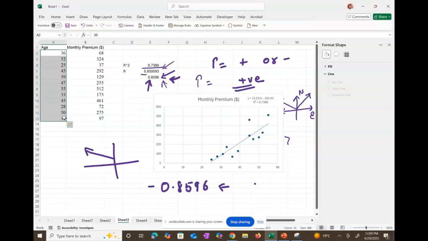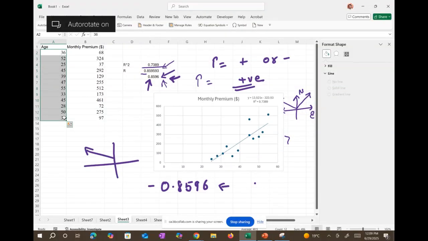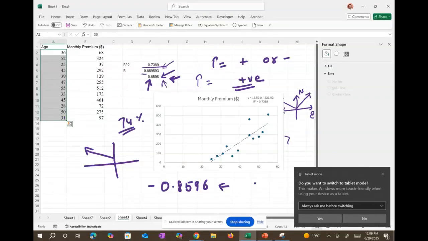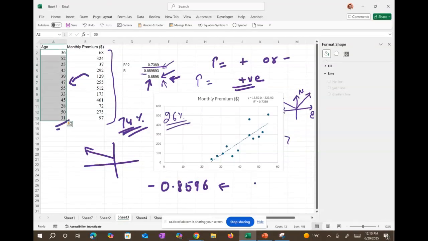But the rest of the 26% of the data points, let me write it down also. So 74% approximately, I can justify that they are dependent upon age, that is, how much monthly premium you will pay. But the remaining 26% of the data points, you cannot justify based on the input values, which is age.